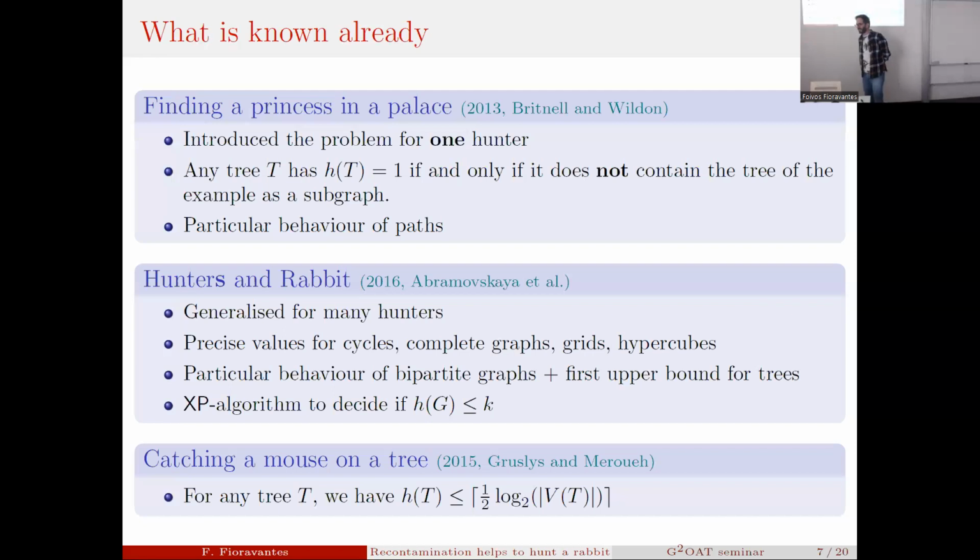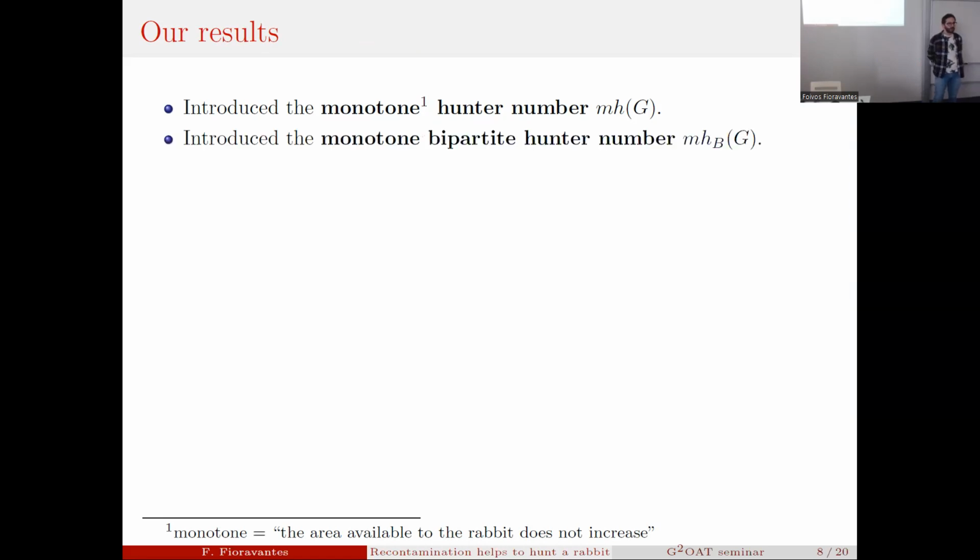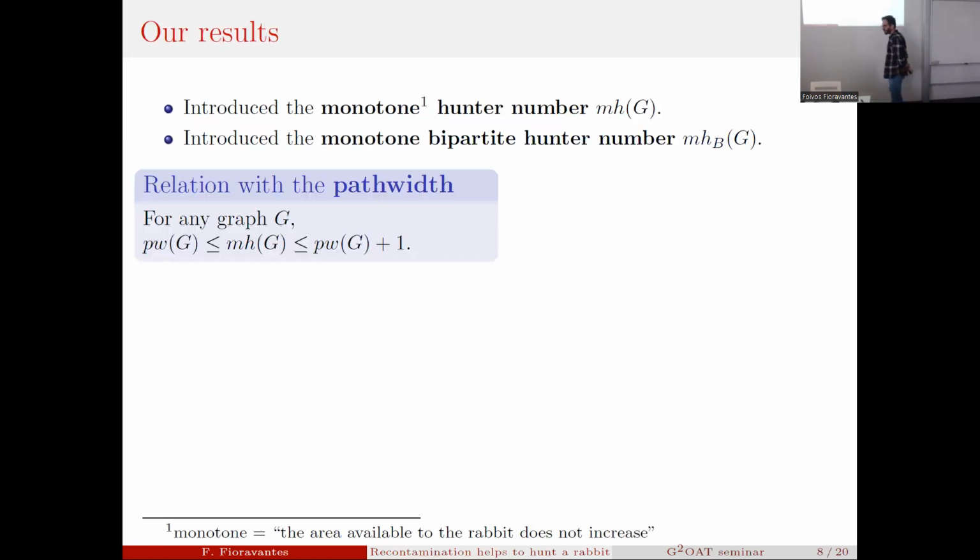Okay, sorry. So what we did now, well, we introduced the monotone hunter number. By monotone, I mean that the area available to the rabbit does not increase throughout the game. Since bipartite graphs are weird, we also needed to introduce the monotone bipartite hunter number, which is only for bipartite graphs.